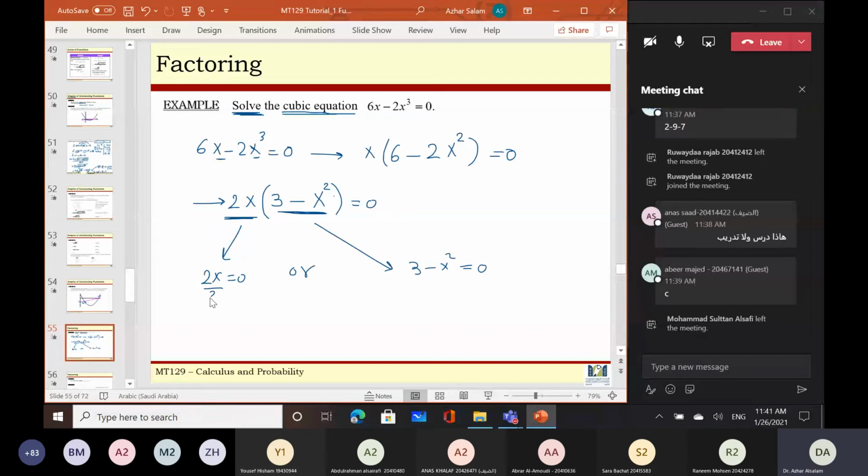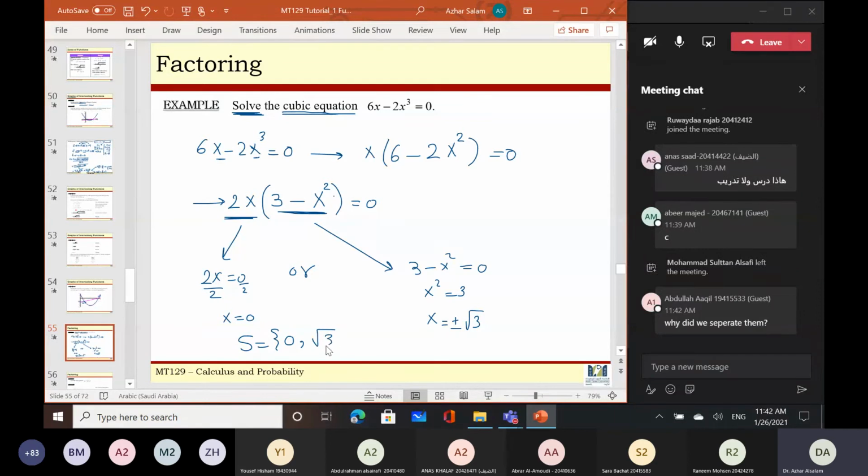Dividing by 2 on both sides, I will have x equals 0, or I solve this quadratic equation, x squared equals 3, so x equals plus or minus square root of 3. I can simplify it more. So here I have 3 solutions. The solution set will be x equals 0, plus square root of 3 and minus square root of 3.